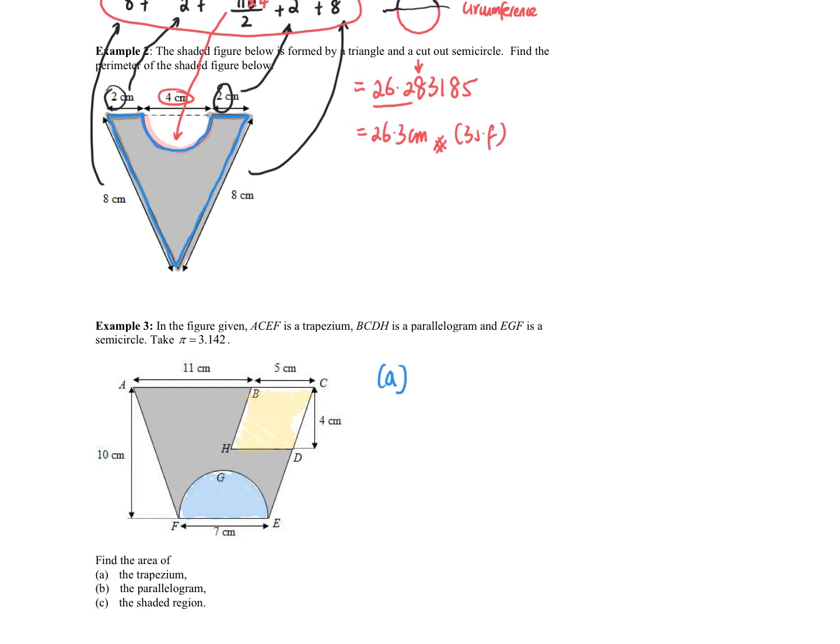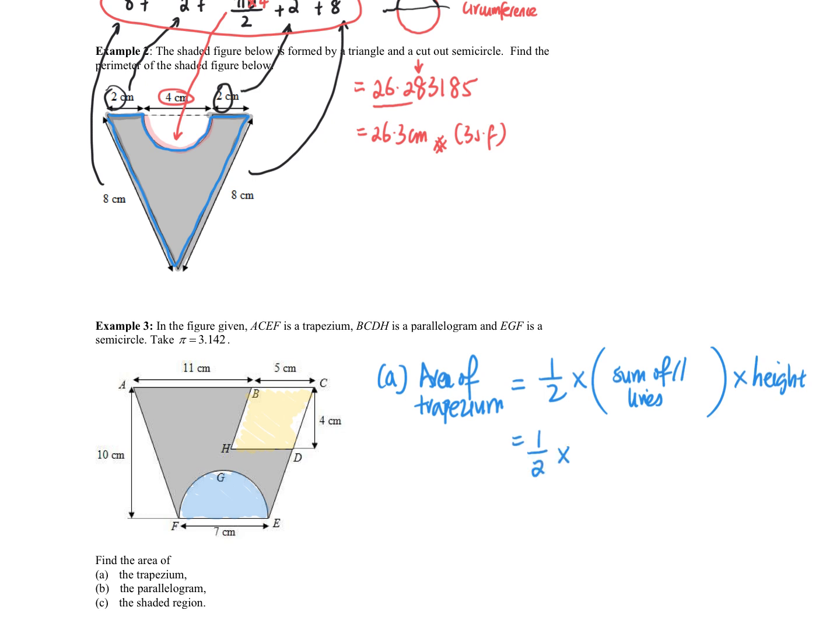So we recall. Can we just divide by the triangle? Can, if you prefer that. So half times what? What is the formula? Sum of parallel lines. So the two parallel lines, what are they? 16 cm.